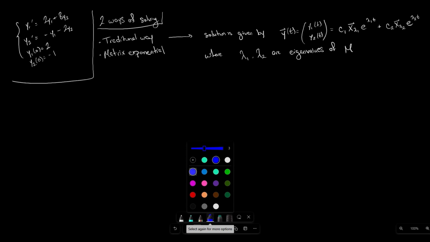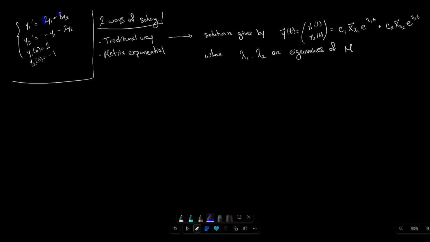Let's see if we can find it. Coefficient, coefficient, coefficient, coefficient. My matrix comes from the coefficients. It's going to be 2, 8, negative 1, negative 2, and x lambda 1, x lambda 2 are their corresponding eigenvectors.